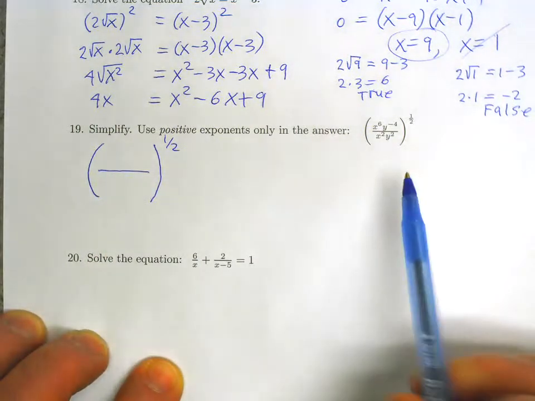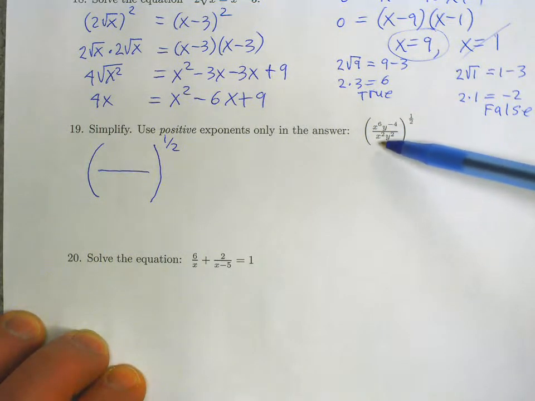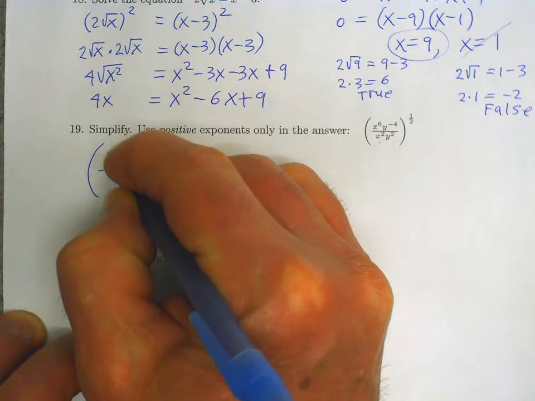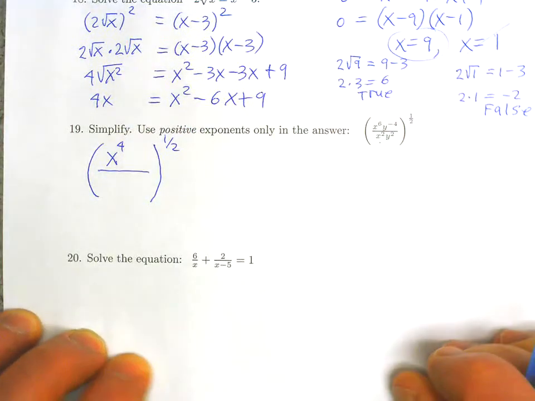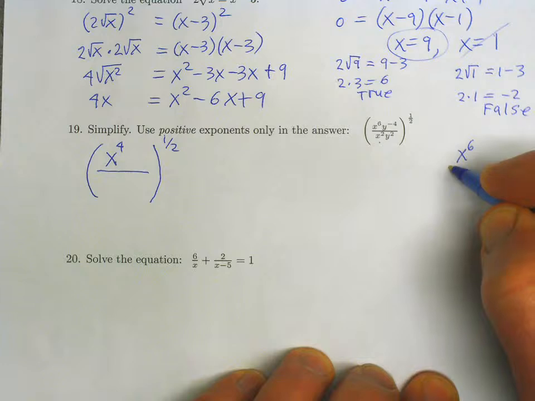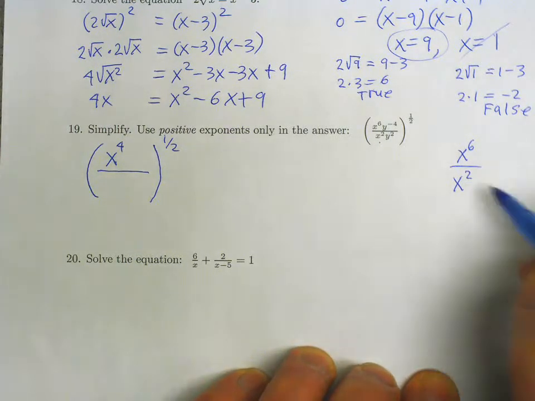Okay, first focus on the variable x. In the numerator, x to the 6th, and in the denominator, x to the 2nd. That simplifies to x to the 4th in the numerator. So if you were to isolate that, x to the 6th divided by x to the 2nd, there's a number of ways that you can go about simplifying this.